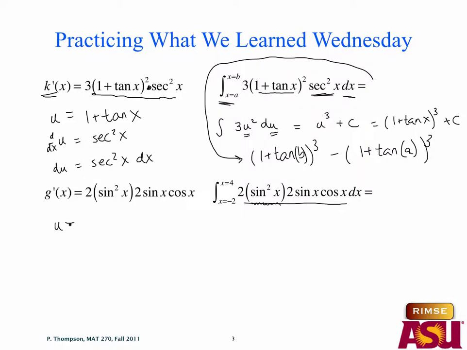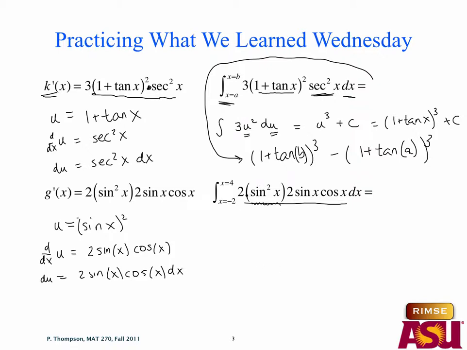So I'm going to let u equal sine squared of x, which I'm going to write like this to help me out. So what's the derivative of sine squared of x? 2 sine x cosine x. So that means little changes in u correspond to this much times little changes in x.